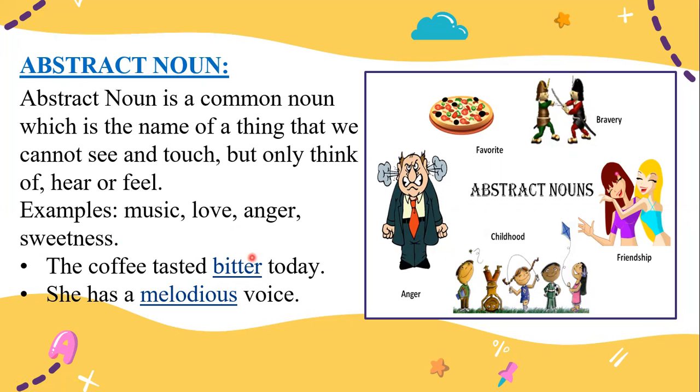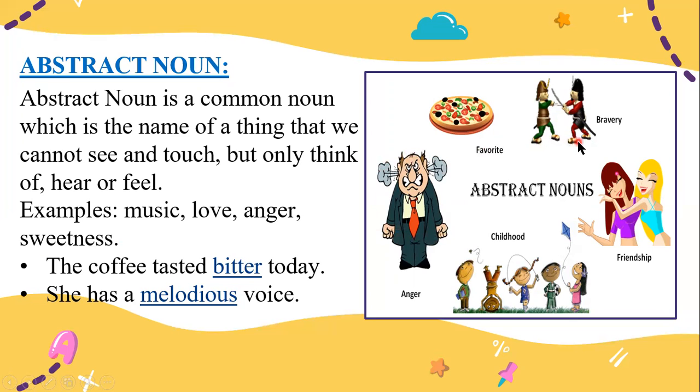Yes, we will be able to feel. They are feelings. She has a melodious voice. We can hear it. We cannot feel it. We are able to just hear. Angry, we can identify with his expression, but it's like feelings which we get.